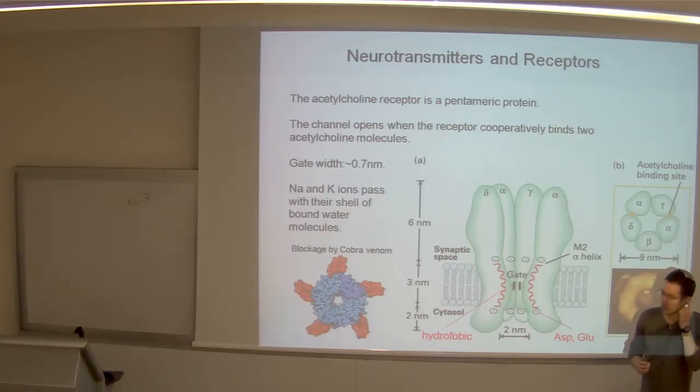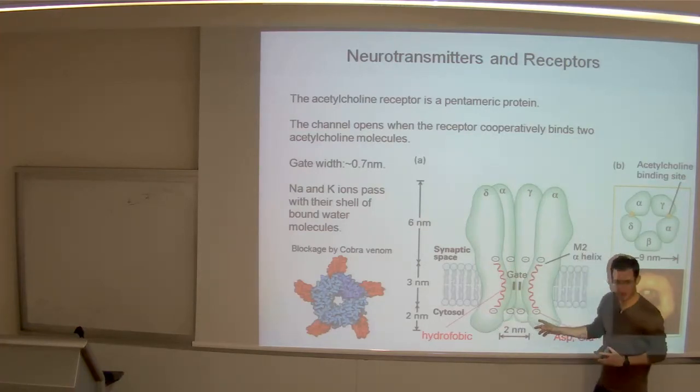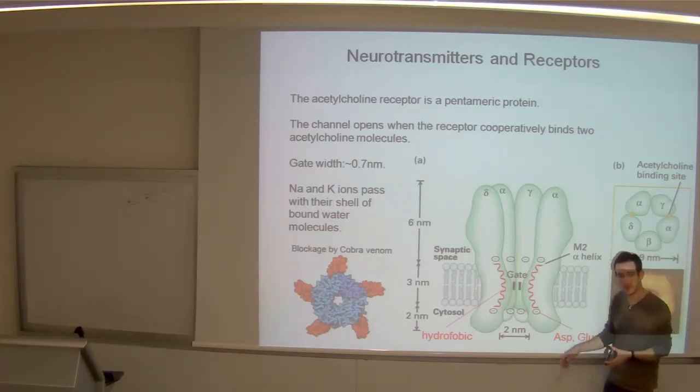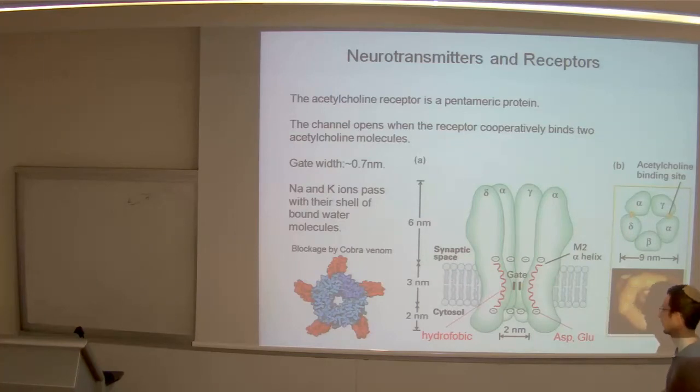They do not remove it while passing. And the high concentration of negative charges here and here, due to the presence of aspartate and glutamate, are thought to function as a magnet to the positively charged cations, to attract them and allow their transmission.